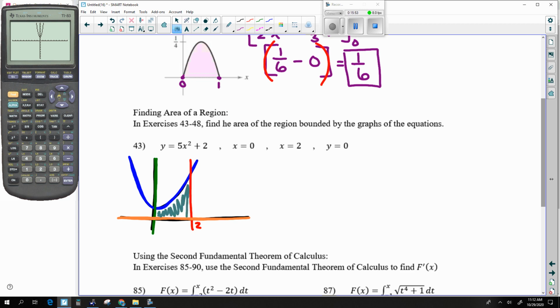What is that area? So in essence, this is the integral from 0 to 2 of 5x squared plus 2.